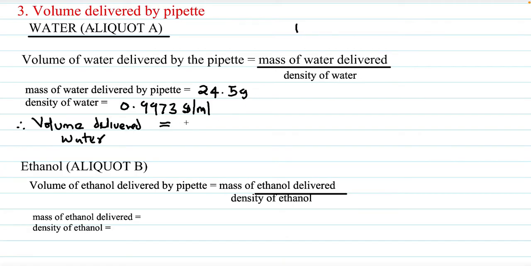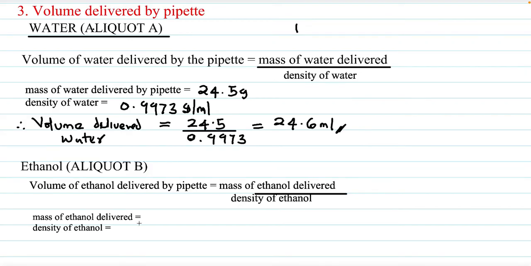Just use the formula: the mass of water, which is 24.5, divided by the density of water, 0.9973. So this becomes 24.5 divided by 0.9973, and we have 24.6. So the volume of water delivered by the pipette is actually 24.6.